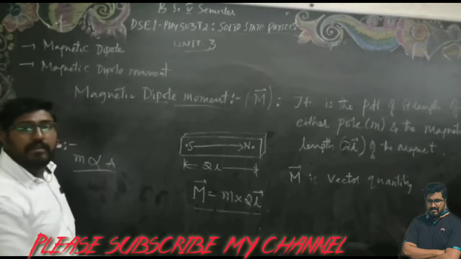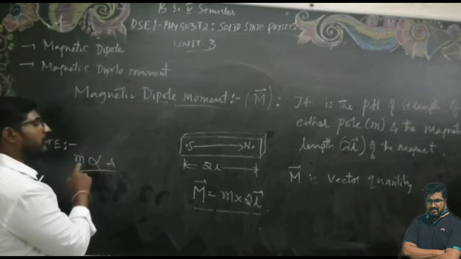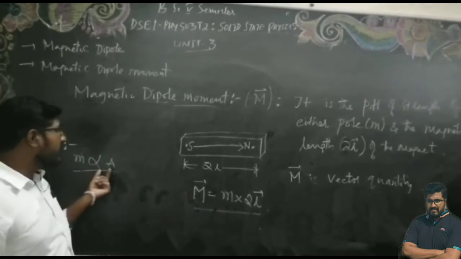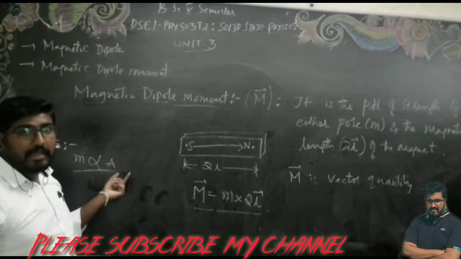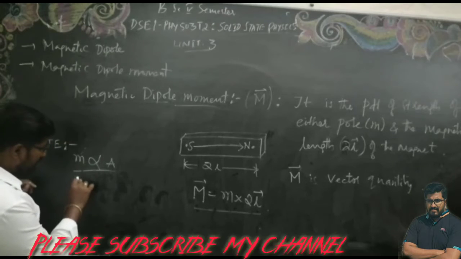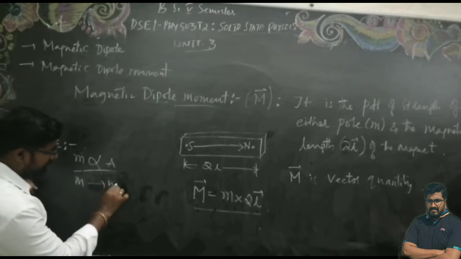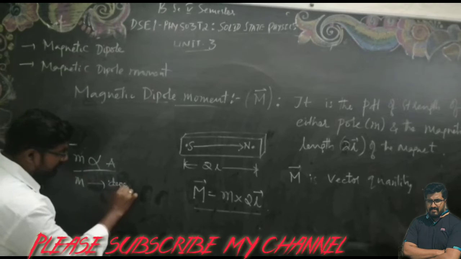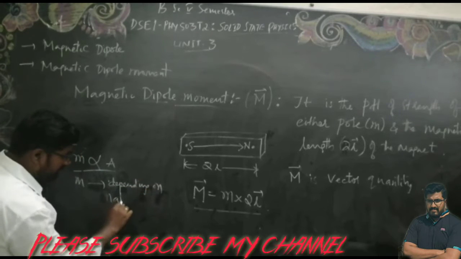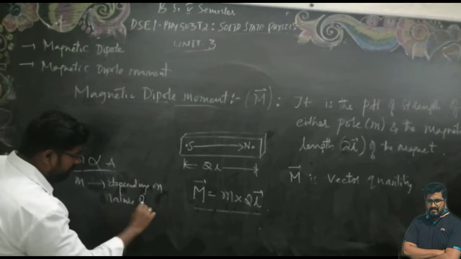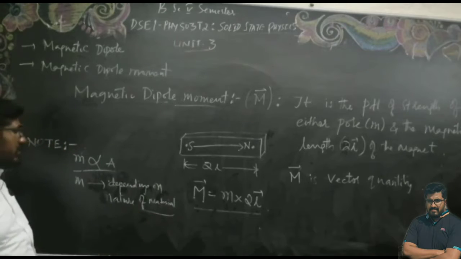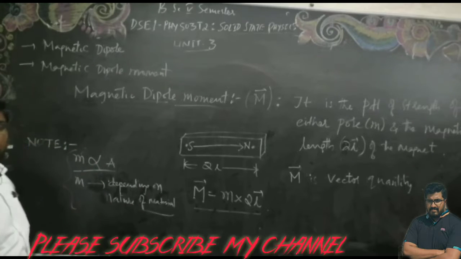This is our small m, which represents the pole strength.